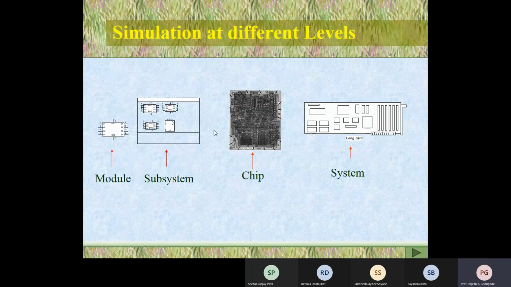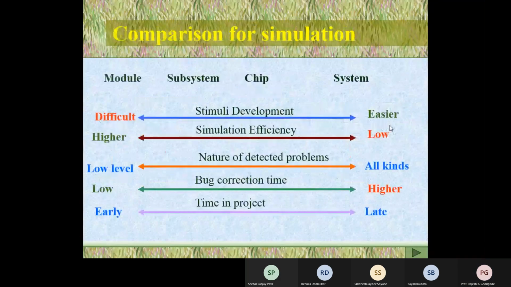And then the subsystems, which may be a part of the chip itself, and then the module itself. So you can see there is a hierarchy here. Many different modules make a subsystem, all the subsystems together make a chip, and then you have the system itself. So simulation can be carried out at all the stages.